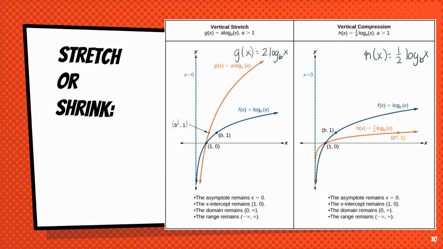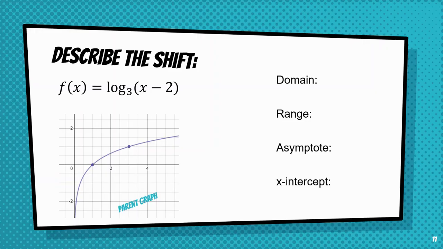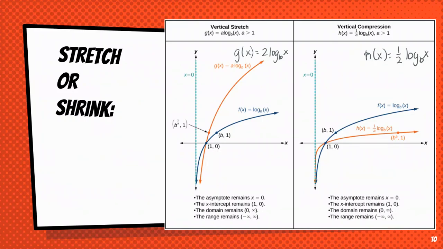So notice that a changing is what shrinks or stretches the graph. I should also note, sorry, let me go back here, that negative flips, okay? And that'll be a vertical flip. So when a is negative, we have a vertical flip.